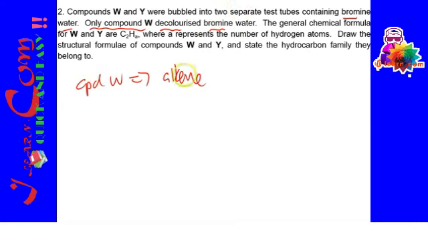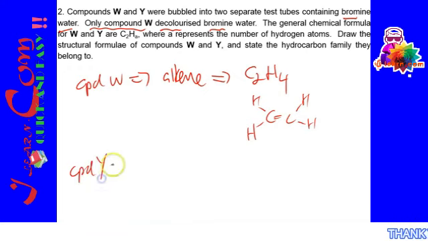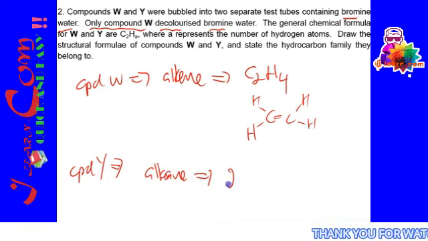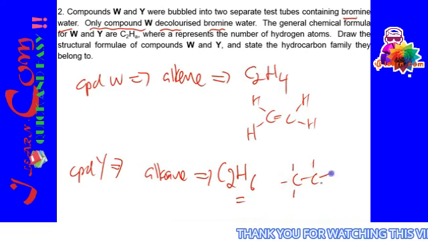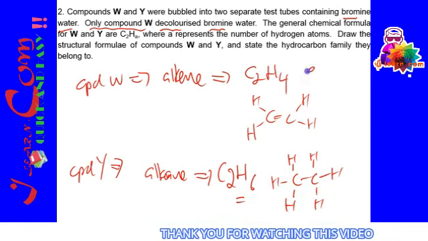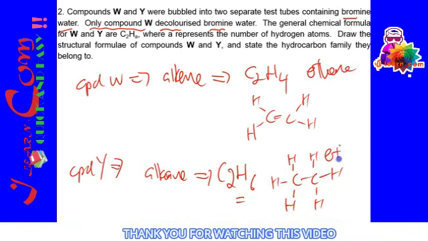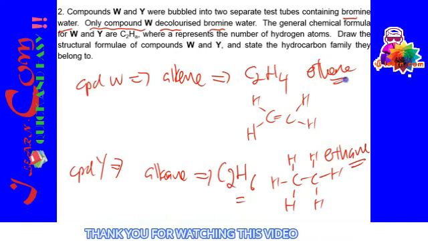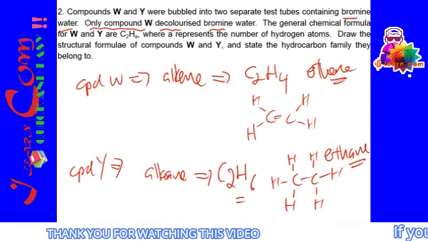Compound W is an alkene, so it's probably C2H4. Structure would be as such. Compound Y would be an alkane, and if it's C2H6, the structure would be as such. So this is ethene and this is ethane. Ene for alkene. Okay?